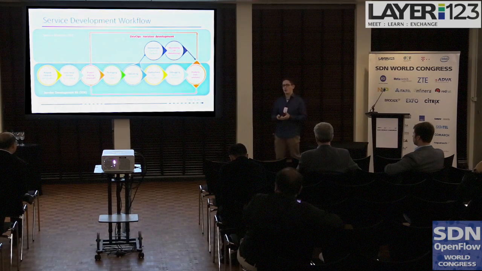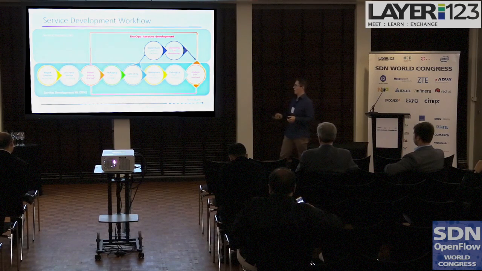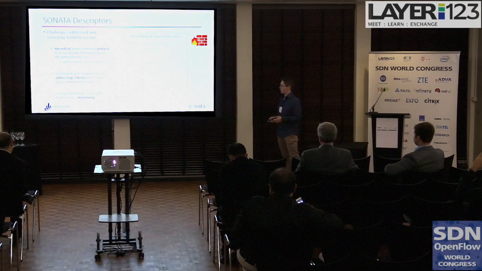So monitoring data generated on the one hand in this local test environment, or on the other hand, in the service platform, is directly fed back to the developer so that the developer gets direct insights about how the service behaves, and whether there is a need to make changes. And this basically closes this development loop.